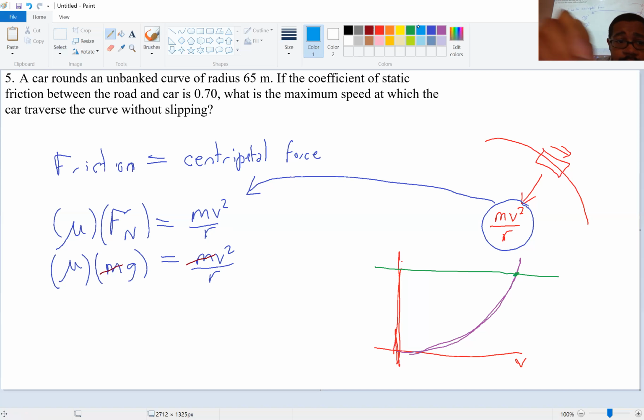Also, let me put this: mu is the coefficient of friction.